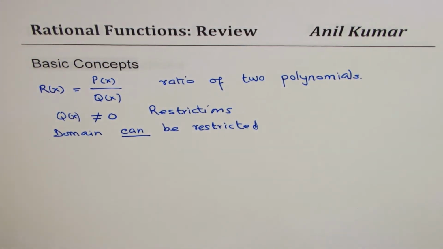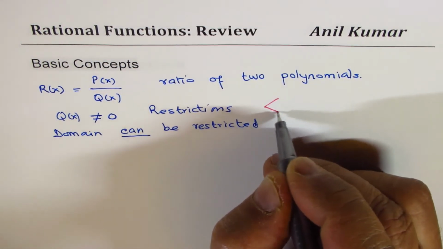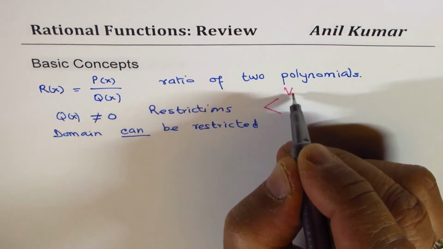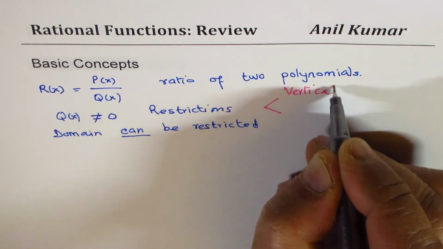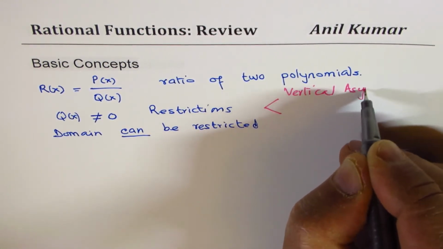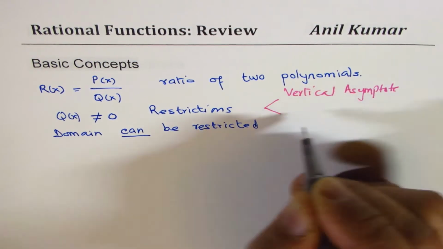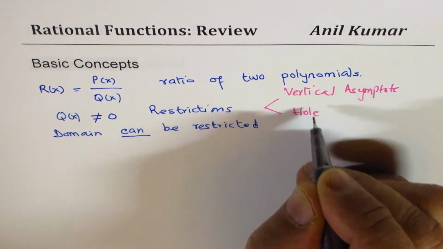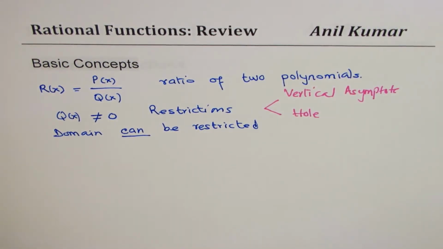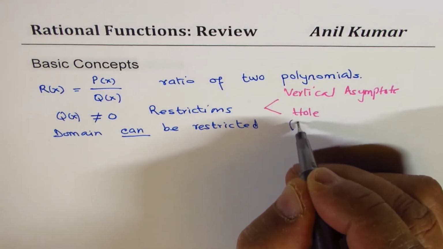And when we sketch these functions, they will result into one of these two things. Either a vertical asymptote or a hole. Correct, one of these two things. We'll see when hole, when vertical asymptote.